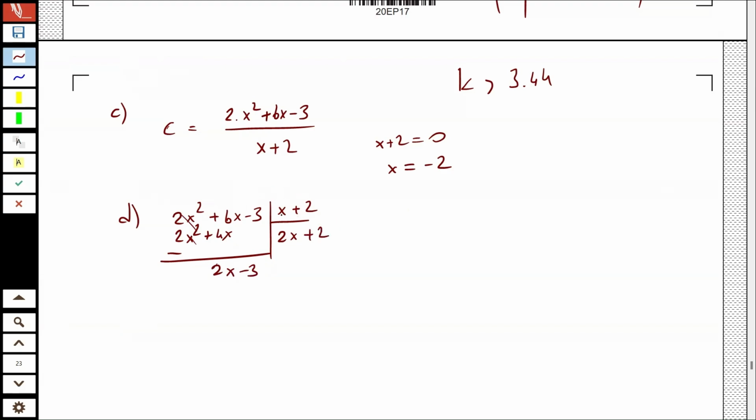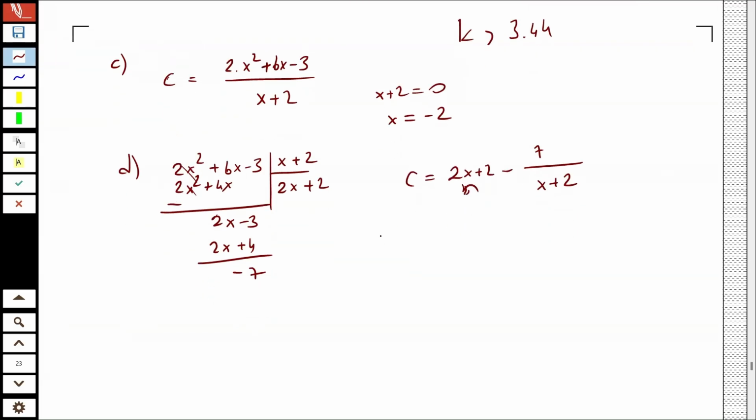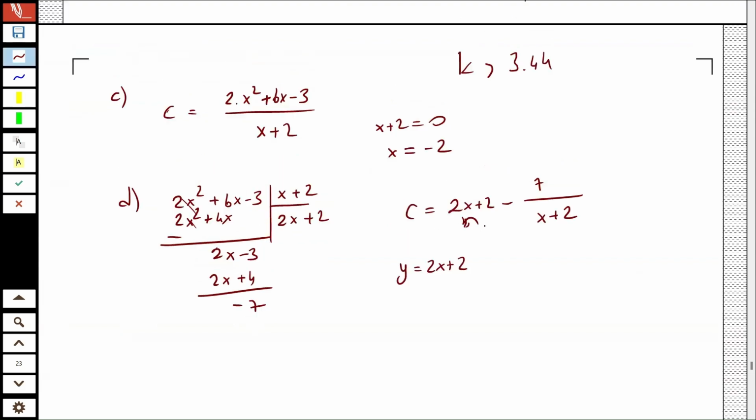We're going to multiply it by 2 again, 2x + 4, which is −7, the remainder. So we can write the curve as 2x + 2 − 7 divided by x + 2. This part is the oblique asymptote. It is y equals 2x + 2.